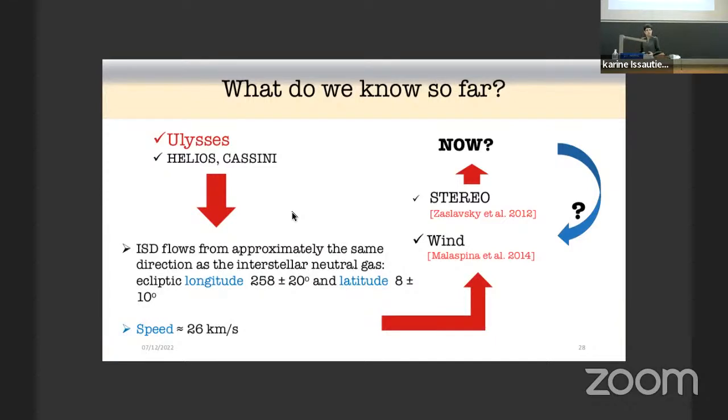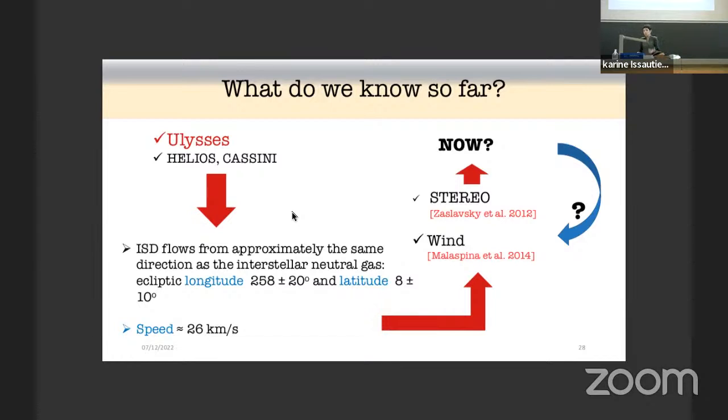We also know that we could already see it on STEREO and Wind. We have papers from 2012 and 2014 that deal with this phenomenon. So we expected to see it, as I said, on Solar Orbiter.